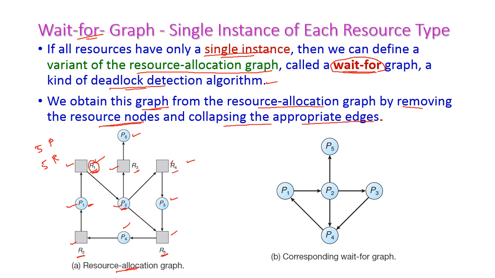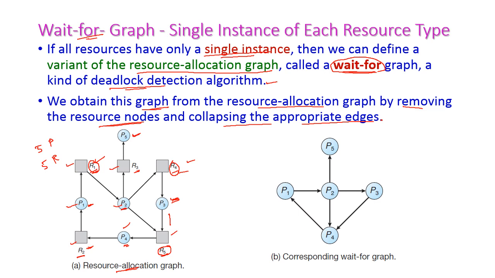P3 holds R4, but it is waiting for R5. Process 4 holds R5 and is waiting for R2. But process 5 is not waiting for anything, but it holds R3. This is the situation.